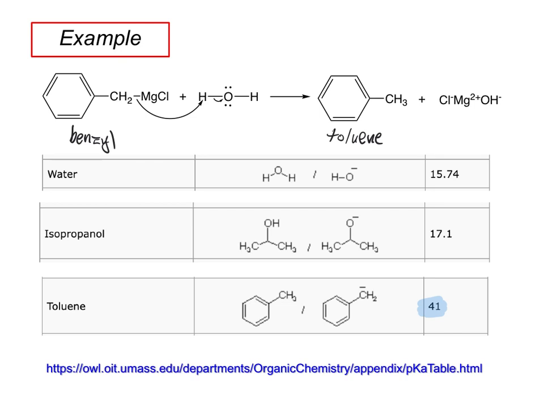And so if we're looking at water or an alcohol, those pKa's are in the range of 15 to 17, right? So this is the stronger acid. And toluene then is the weaker acid by a considerable amount.